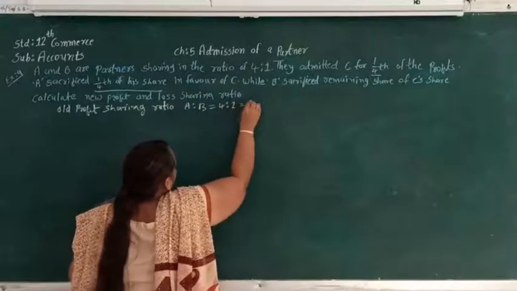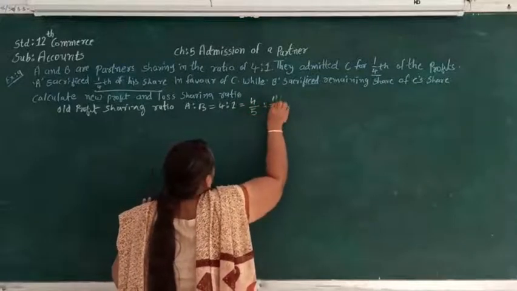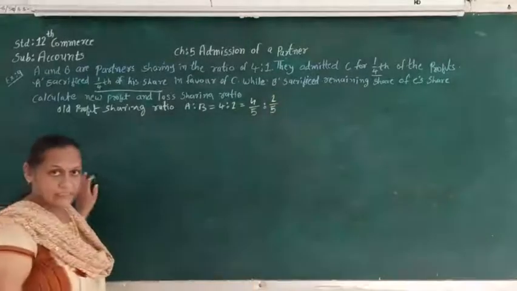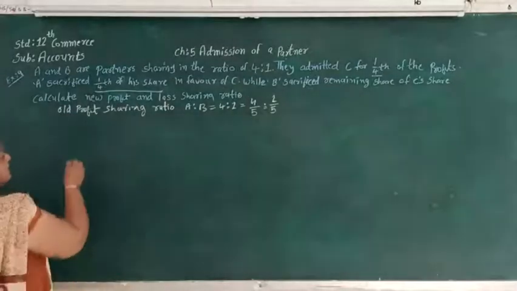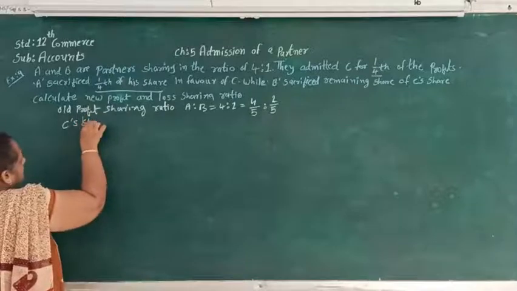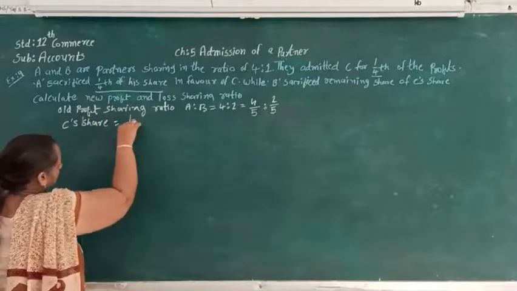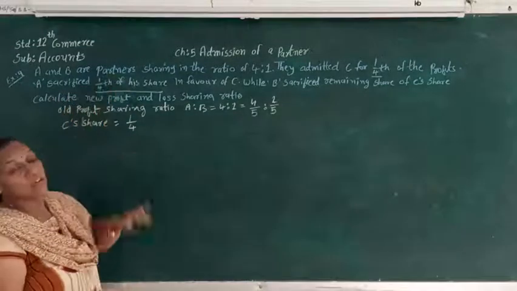It will be 4 by 5 is to 1 by 5. Okay. So this is the old profit sharing ratio. Now A has sacrificed, C is admitted, and C's share is equal to 1/4. And now A sacrificed 1/4 of his share.